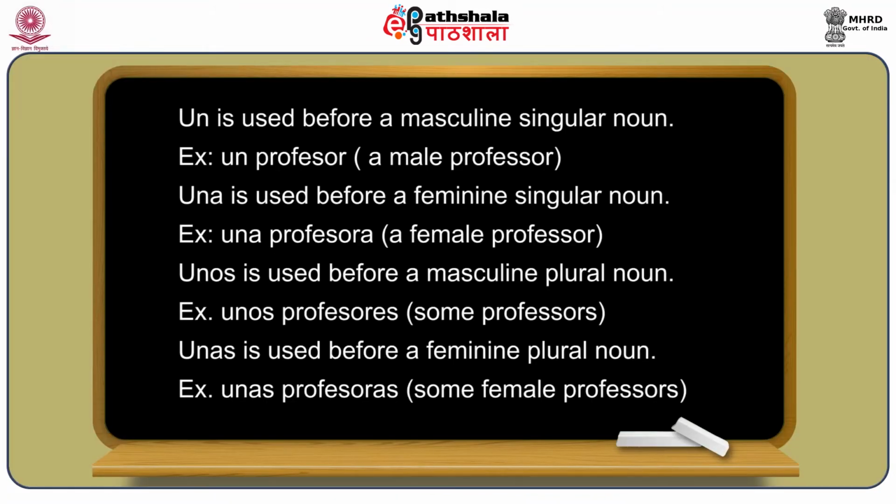Now, as you can see, un is used before a masculine singular noun, for example, un profesor, and una before a feminine singular noun, that is una profesora. Unos before a masculine plural noun, and unas before a feminine plural noun. Now let's see when this indefinite article is used.